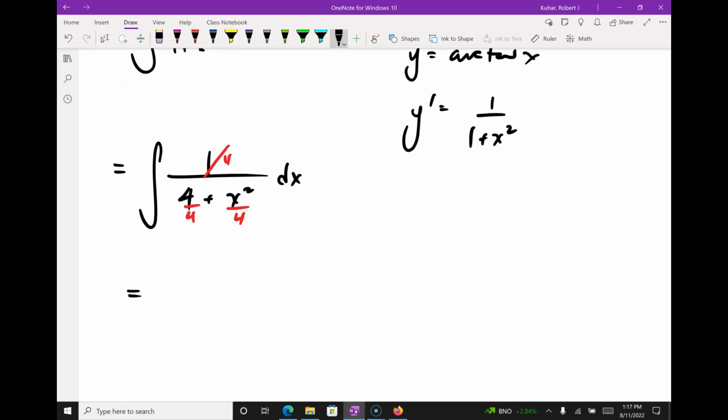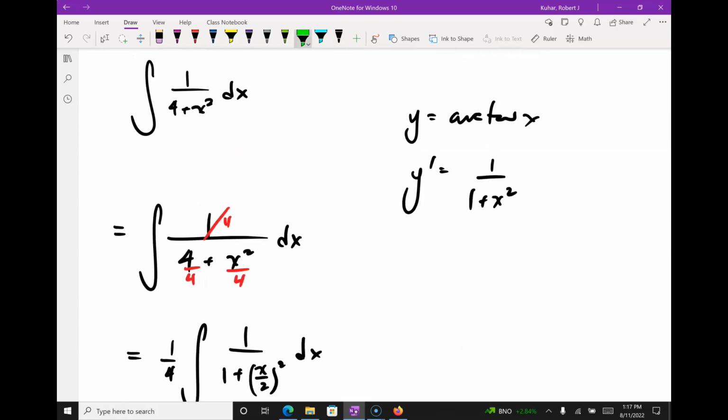So now I have 1/4 of the integral of 1 over 1 plus x over 2 quantity squared dx. Are you with me there? So I know I have to turn that 4 into the 1, so I divide everything by 4.